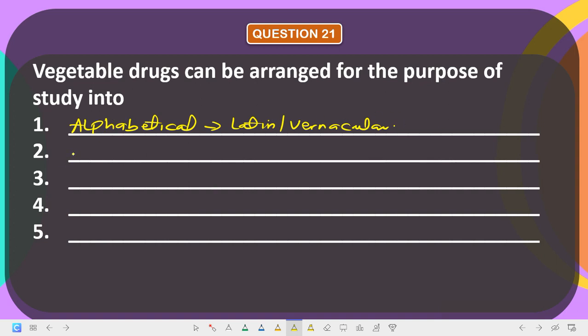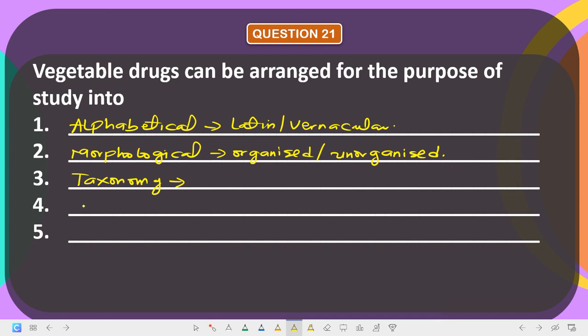Then we have morphological, talking about organized and unorganized. Then we have taxonomy, talking about the different categories like genera, species, the class, the family, etc.